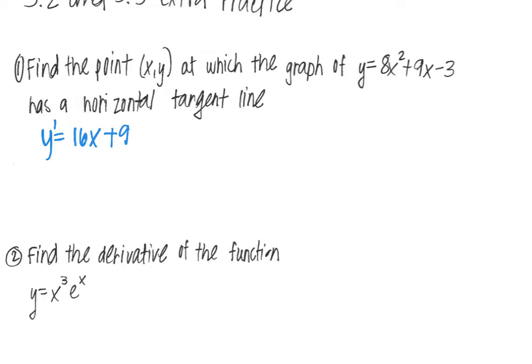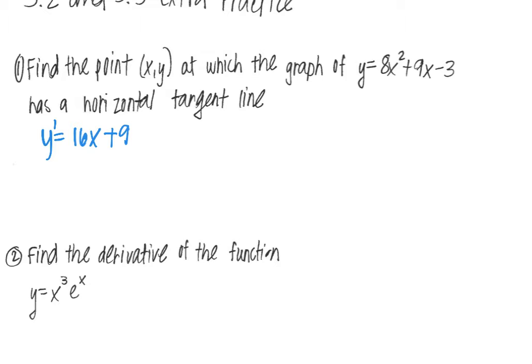And what you do whenever you're wanting to see where the original graph will have a horizontal tangent, remember the derivative is used to find the slope. And when you want to find the slope at a particular point, when you're given that point, you plug in that x value into the derivative. Well, we're not given a point, we're finding a point.